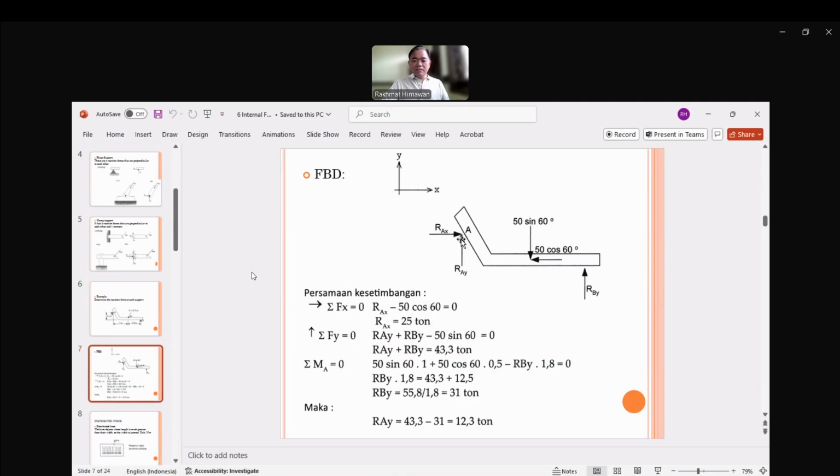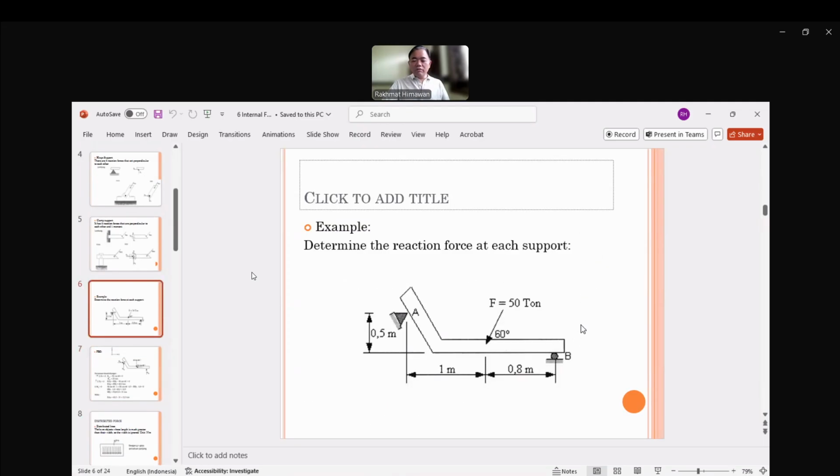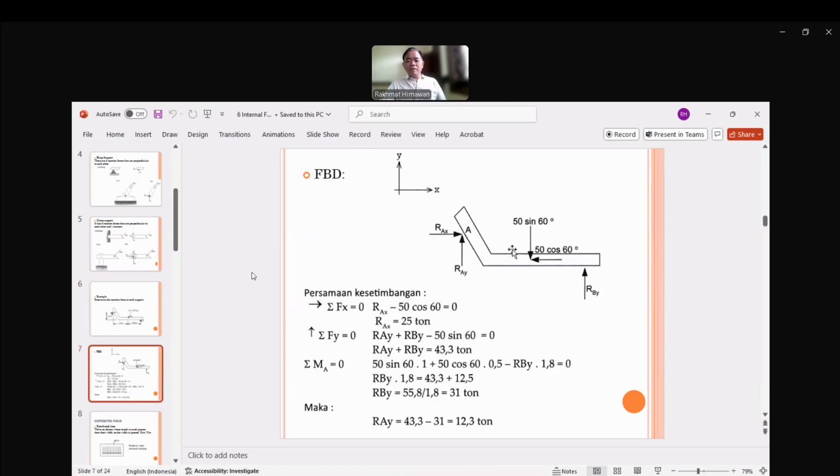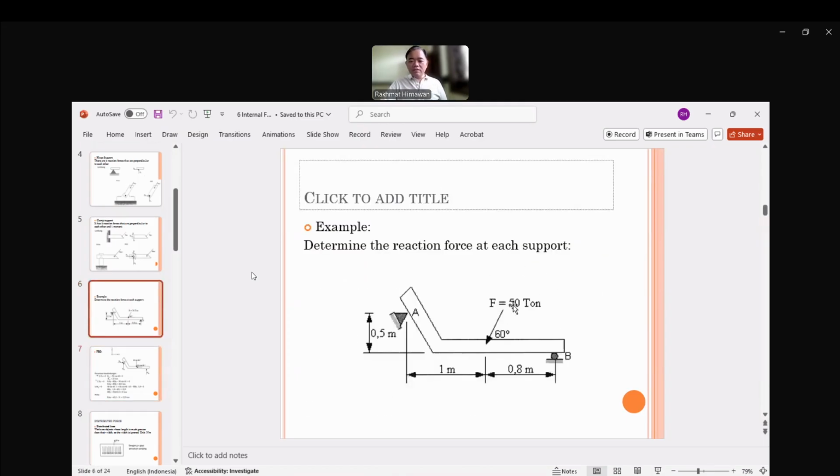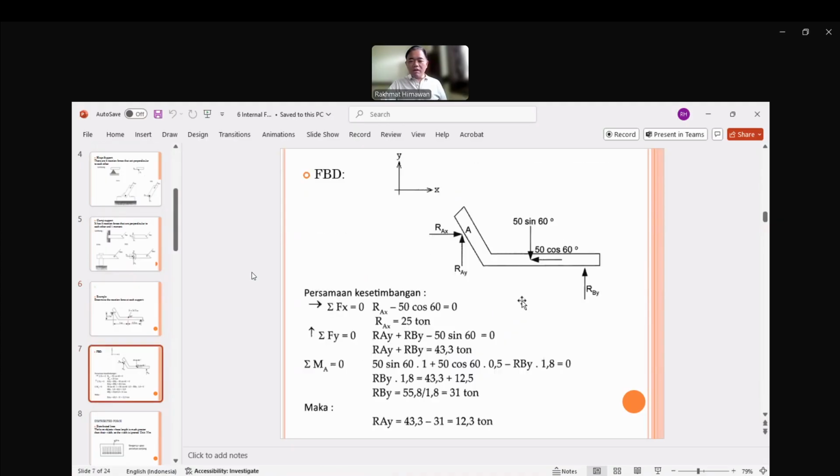Since this is a hinge, we have two reactions, and this is a roll, so we have one reaction. Then we decompose this F into X and Y. So now we can calculate sigma F, sigma Fx, sigma Fy, and at some point sigma moment A or B, depending on what you need to answer.